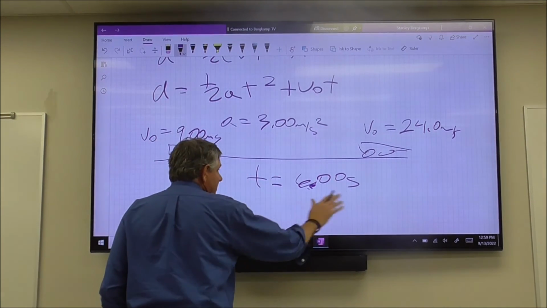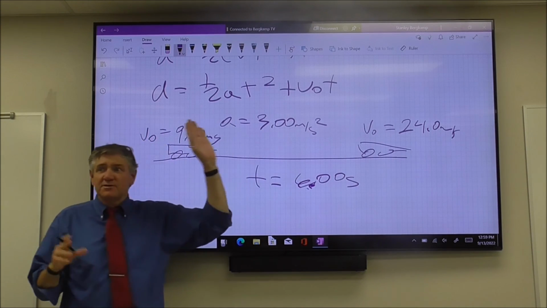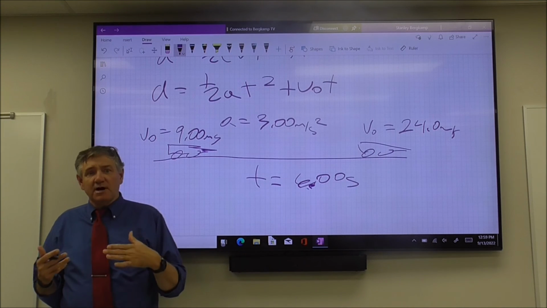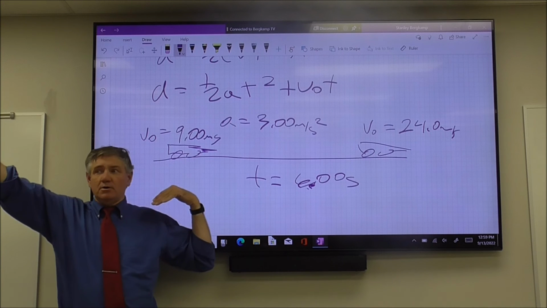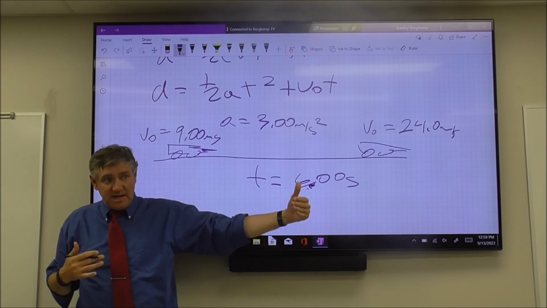Typically, that's going to take them about 6 seconds, and cars will average an acceleration of 3 meters per second squared. So what I have to figure out is, if I have these parameters, how long do I need to build this section of road to allow this to happen?